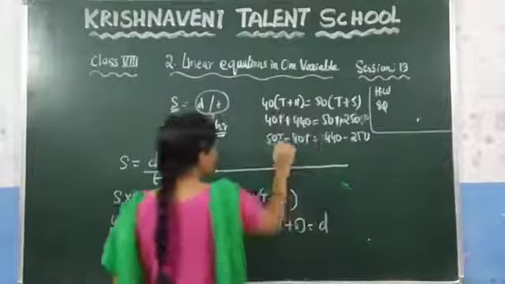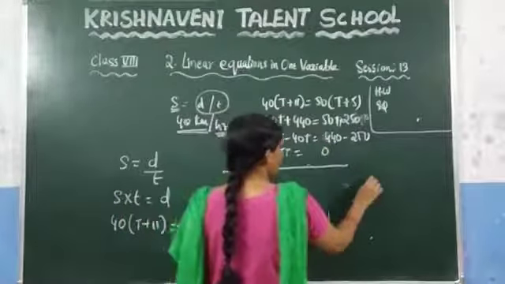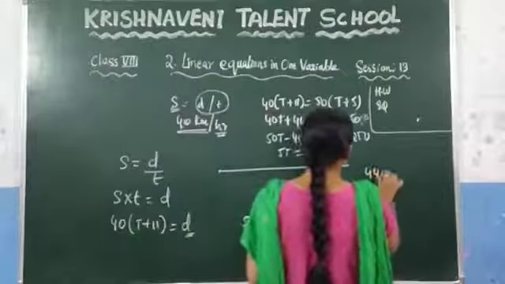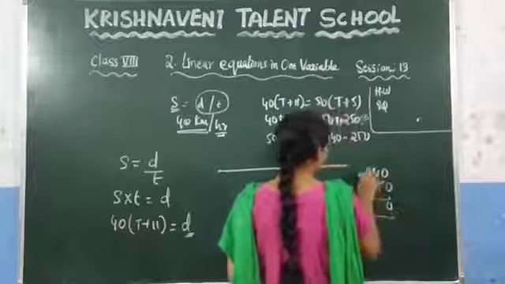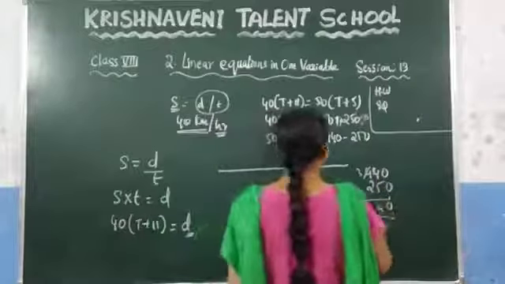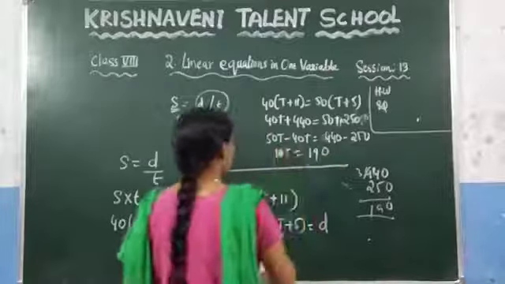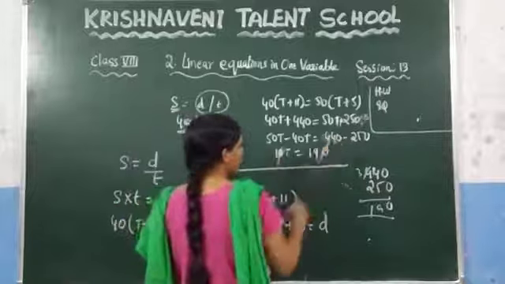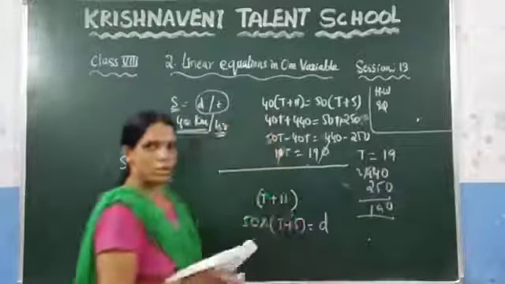So 10t is equal to 440 minus 250, which gives you 190. Here 50t minus 40t gives you 10t. The 0 and 0 get cancelled, and you will get the t value as 19. Now you got the t value.